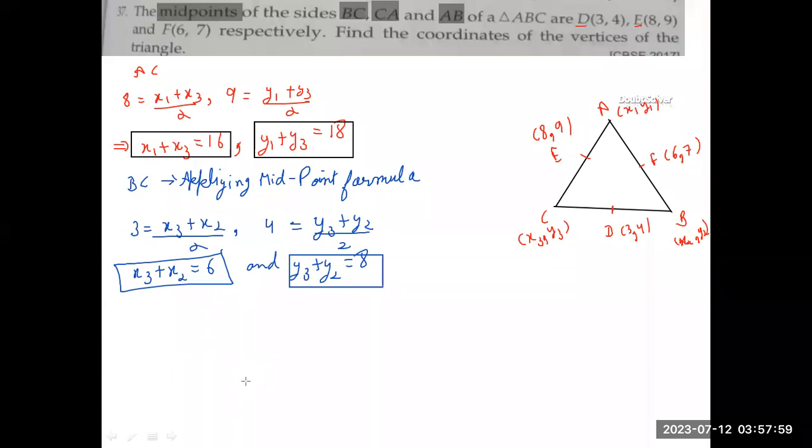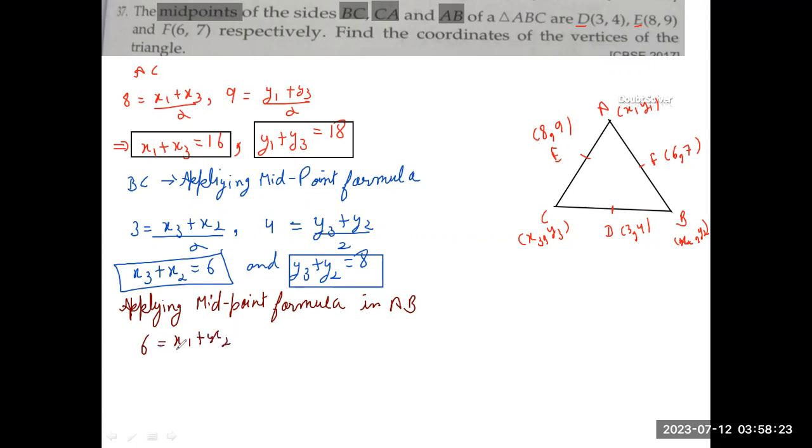Now, applying the midpoint formula in AB, which is F, 6 is equal to x1 plus x2 over 2, while 7 is equal to y1 plus y2 over 2.